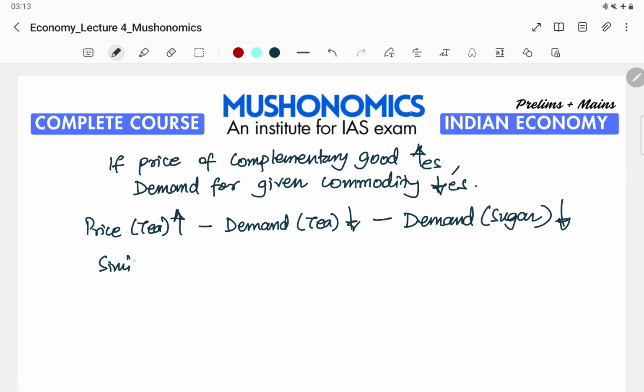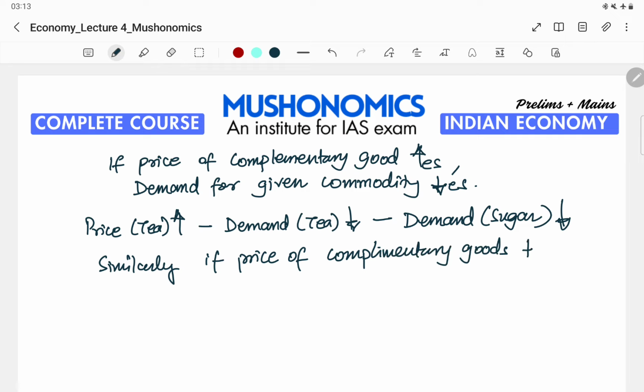Similarly, if the price of a complementary good decreases, then the demand for the given commodity increases, right?